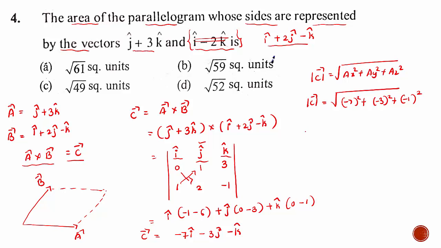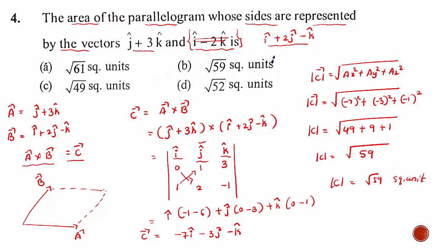So we will get mod C equal to square root of 7 square is 49, 3 square is 9, 1 square is 1. So we will get the answer square root of 49 plus 9 plus 1, that is 59. So mod C, that is the magnitude of the area of the parallelogram, is square root of 59 meter square. Or here the unit is not given, so we can take it in general as square unit. So square root of 59 means option B is correct.